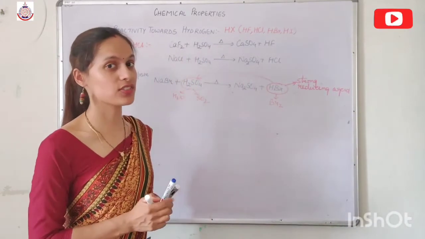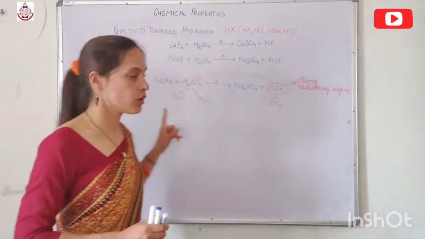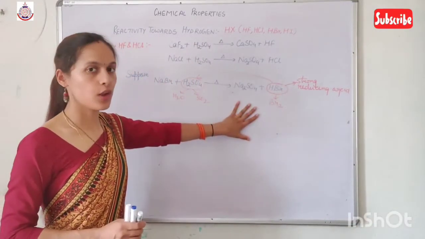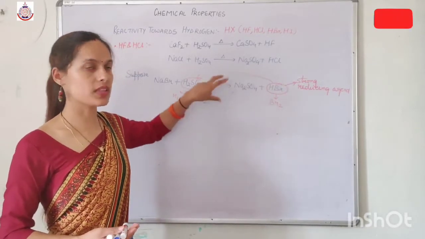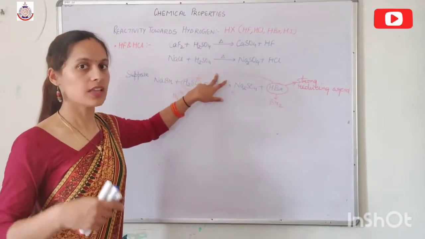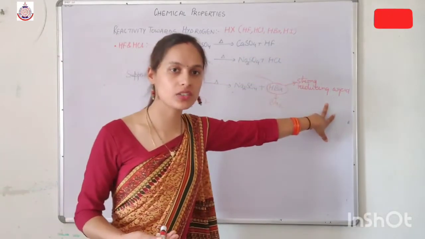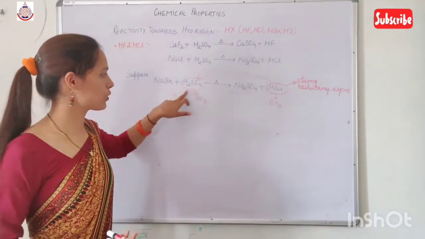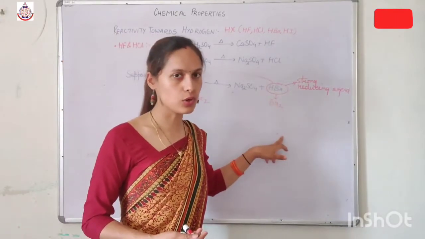This reaction we have studied in the properties of sulfuric acid also. So because of this reason, we can't prepare HBr with the help of this method. Similarly, HI also acts as a strong reducing agent, so it reduces H2SO4 into H2O and SO2 and itself gets oxidized into I2.